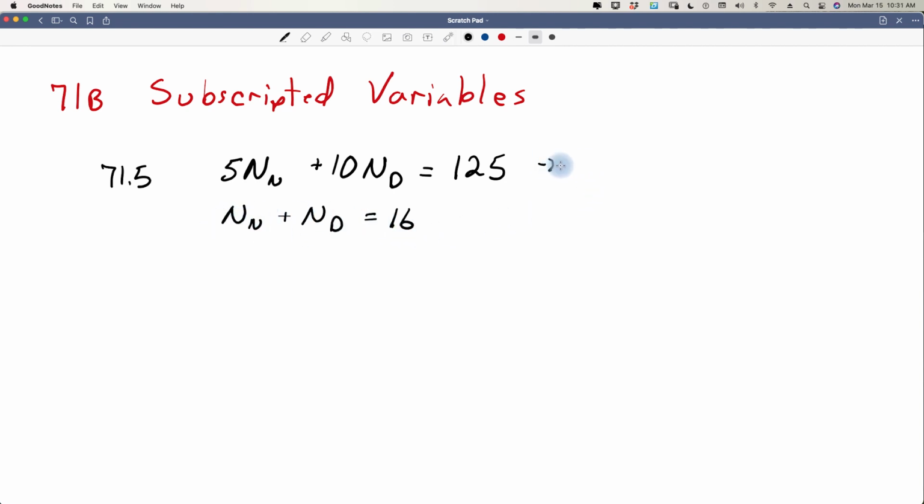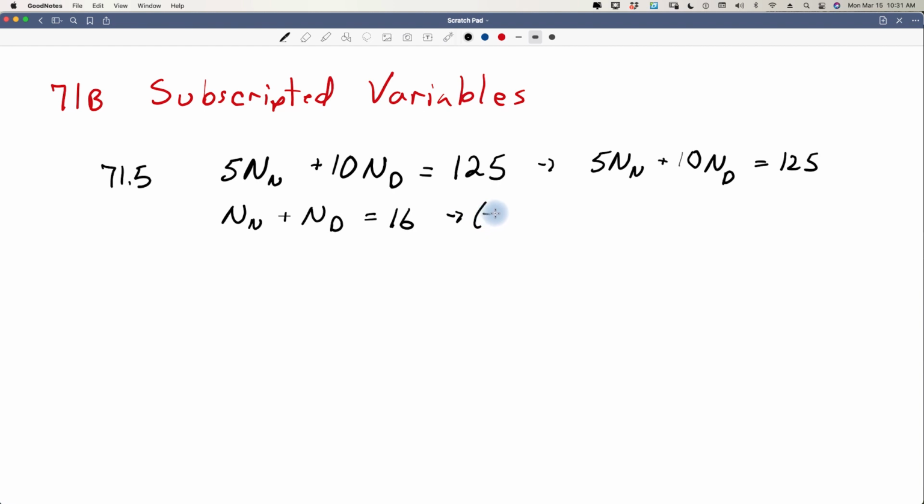So this one becomes 5 times the number of nickels plus 10 times the number of dimes equals 125. That remains the same. But we're going to multiply this times -5 because we want to eliminate. And I'm choosing to eliminate the number of nickels because it's the smaller of the two. It'll just be easier to calculate.